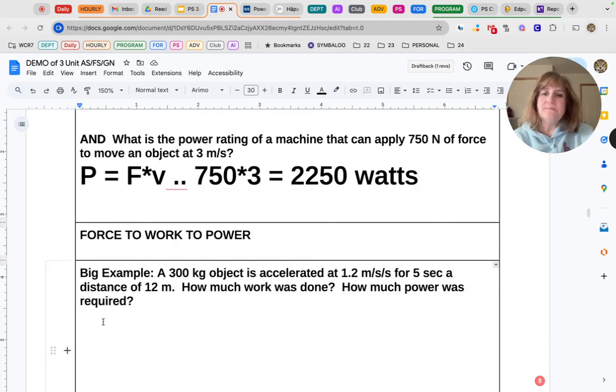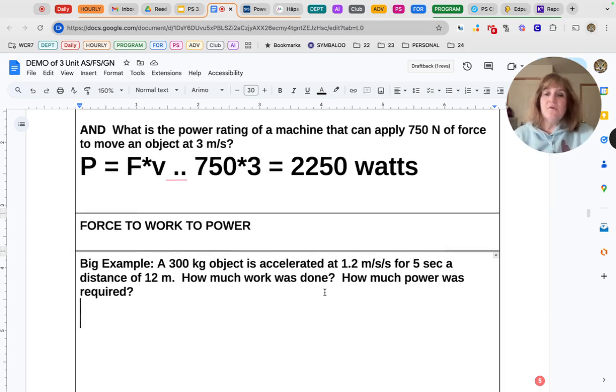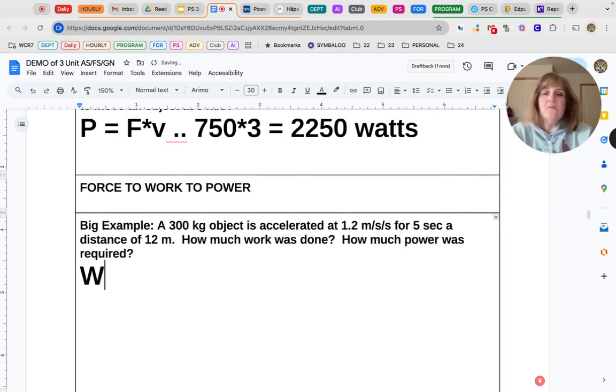Big example. It says a 300 kilogram object is accelerated at 1.2 meters per second squared for 5 seconds, a distance of 12 meters. How much work was done? Well, I know that work is equal to force times distance, but I don't have a force in the problem, but I do have a mass and acceleration.